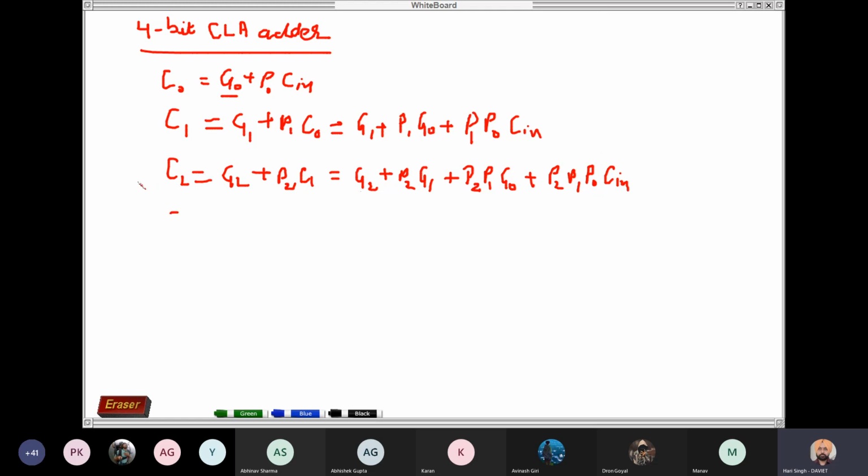And carry C2, sorry C3, it will be G3, generate factor 3, plus propagate factor 3 into C2.